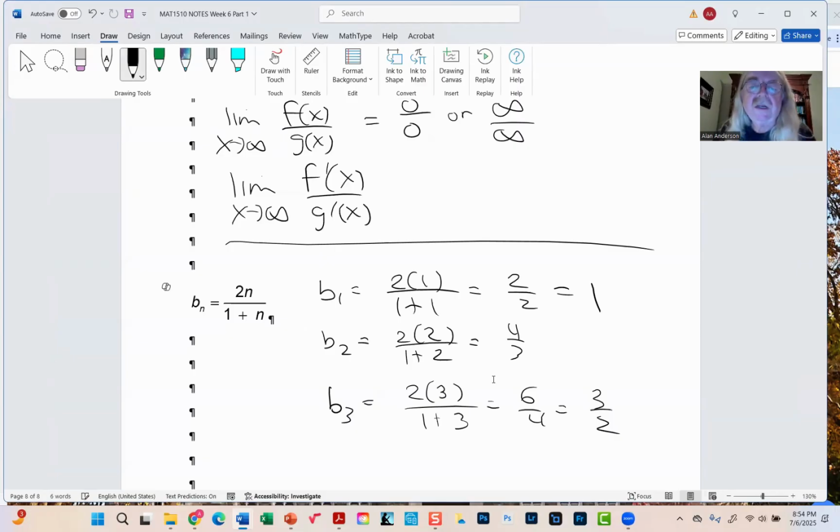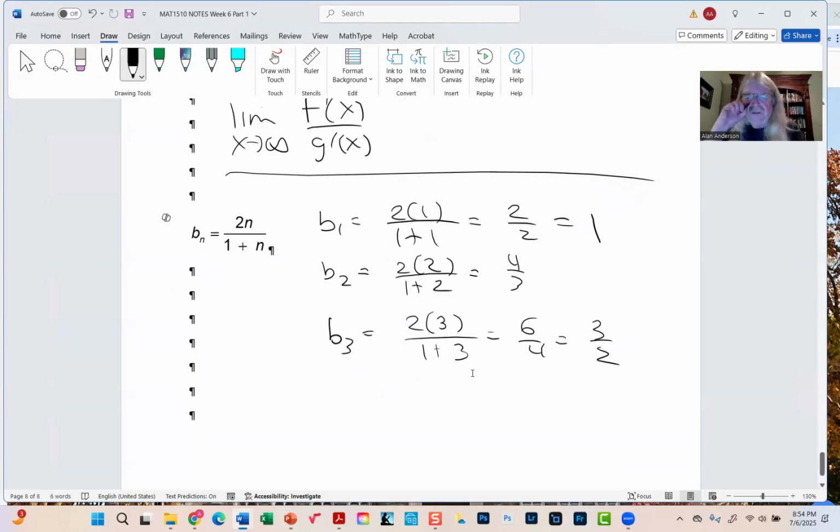So it does appear that they're increasing each time we increase n. You can kind of see the reason why this is happening is because in the numerator, every time I increase n by 1, I'm increasing the numerator by 2, but I'm only adding 1 to the denominator. So the ratio of the two is growing because the numerator is growing more rapidly than the denominator.